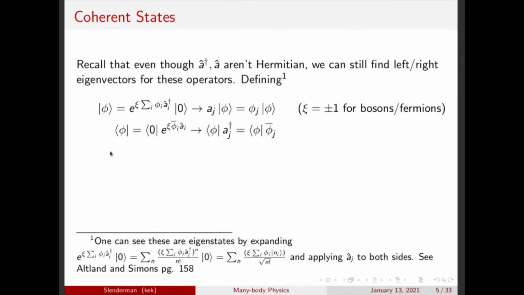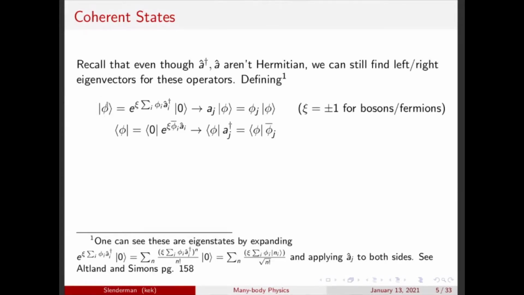So I'm going to briefly talk about coherent states. Even though these second quantized ladder operators, a dagger and a, are not Hermitian operators, we can still find left and right eigenvectors for these operators and associated eigenvalues.